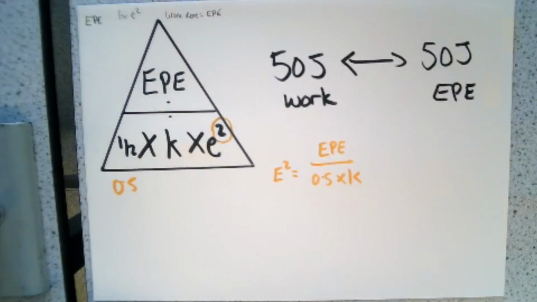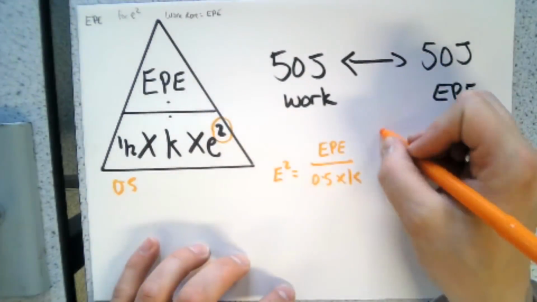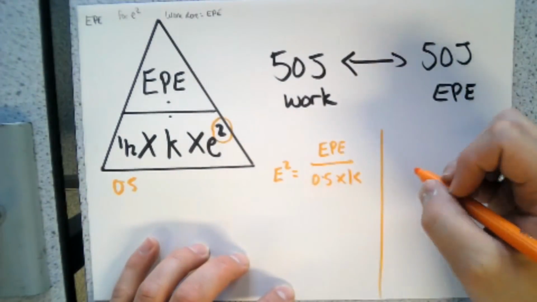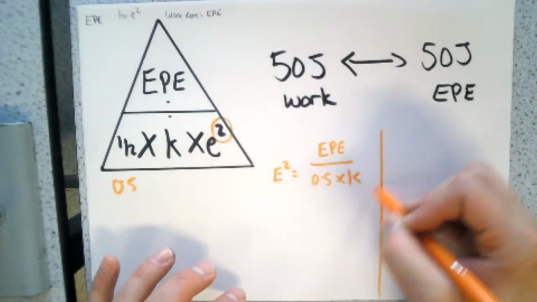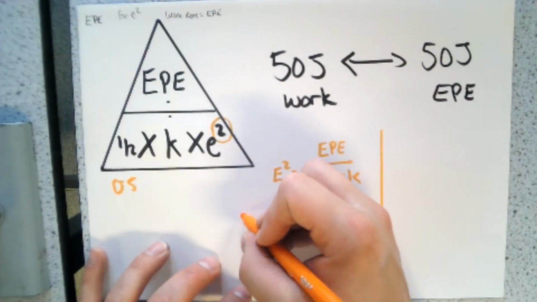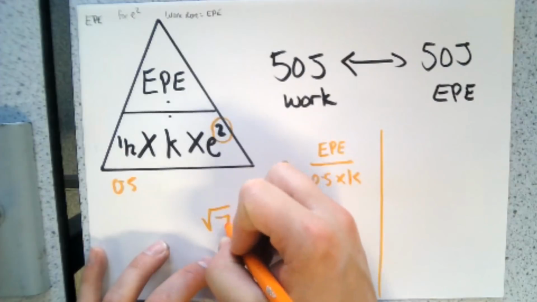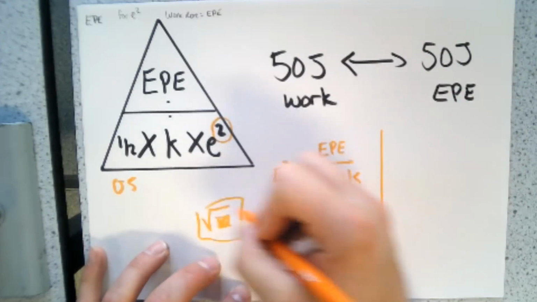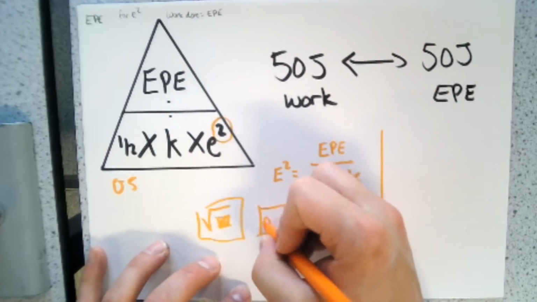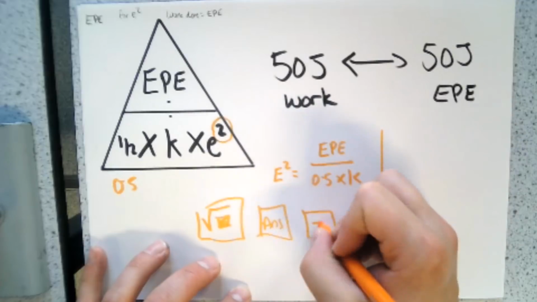Now, there's two ways to do this, all right, and I'll show you both. The first way is to work all of that out, then at the end, on the calculator, press the square root button, press the answer button, press the equal button.